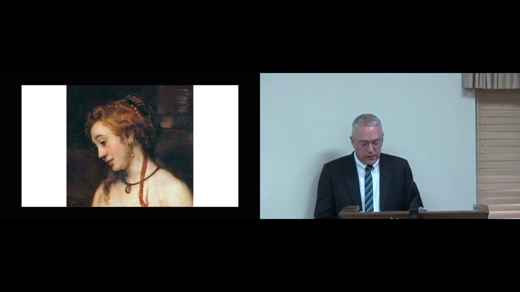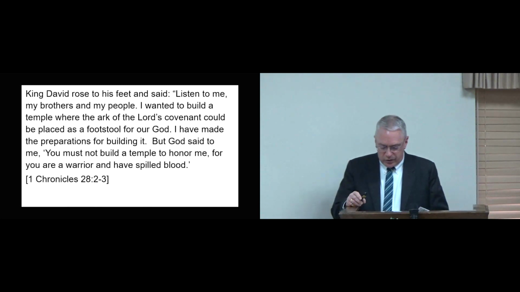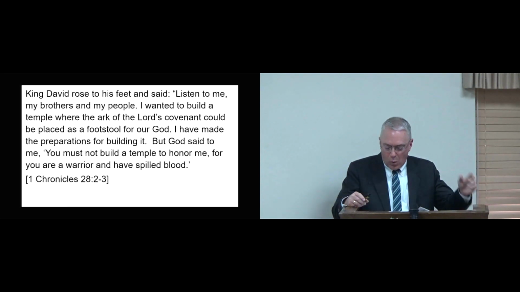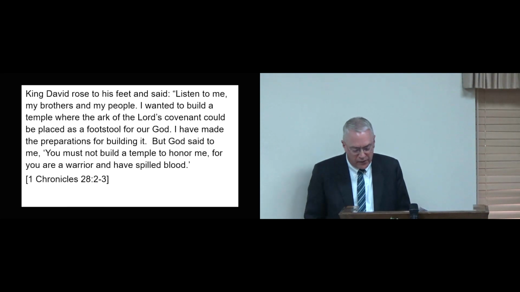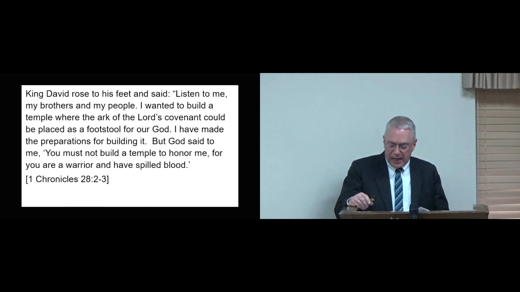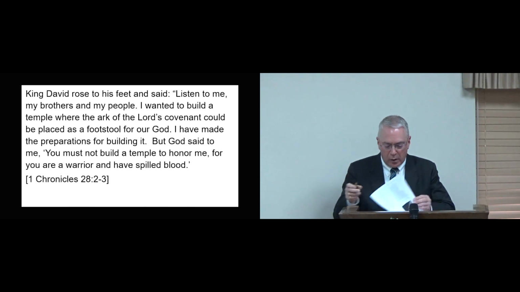And finally, with Bathsheba, jumping way ahead, 1 Chronicles 28, King David rose to his feet and said, "Listen to me, my brothers, my people. I wanted to build a temple where the ark of the Lord's covenant could be placed as a footstool for our God. I have made the preparations for building it, but God said to me, you must not build a temple to honor me, for you are a warrior and have spilled blood.